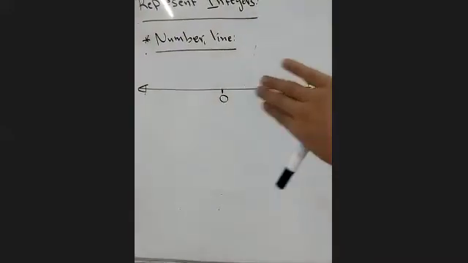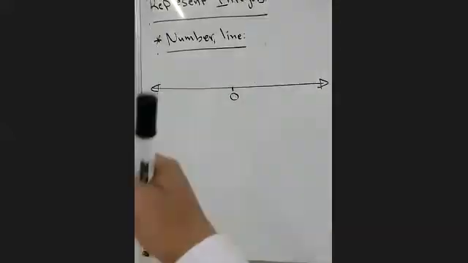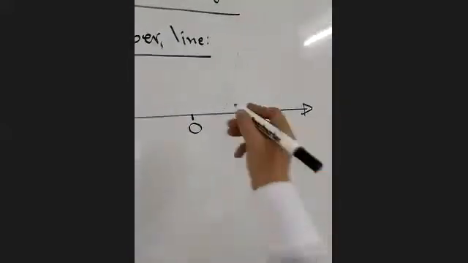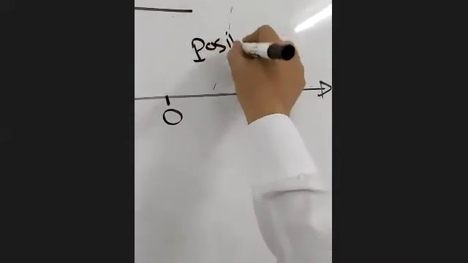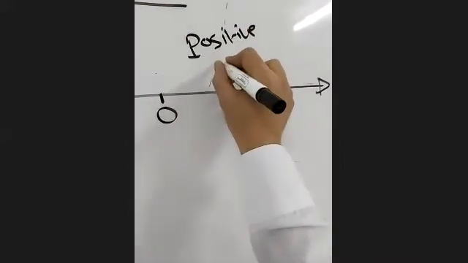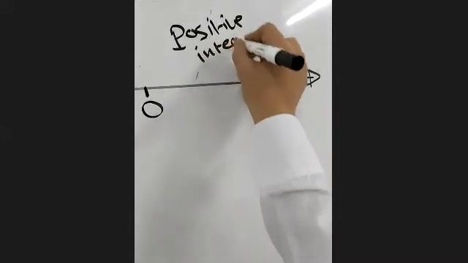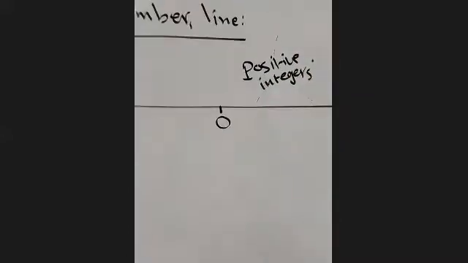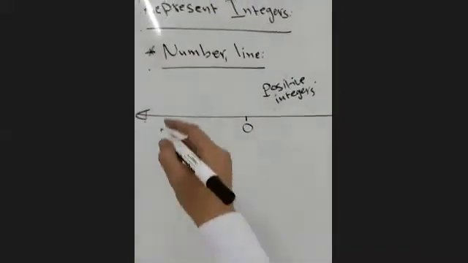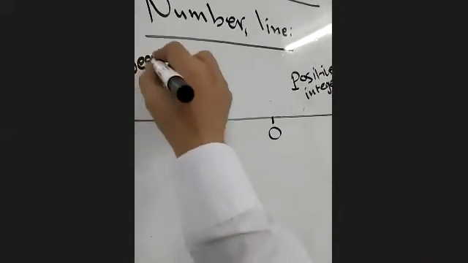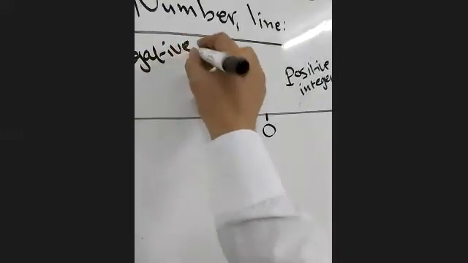We have numbers to the right and numbers to the left. Now the numbers to the right are the positive numbers or integers. The positive integers. Now, integers to the left, we call them negative integers.